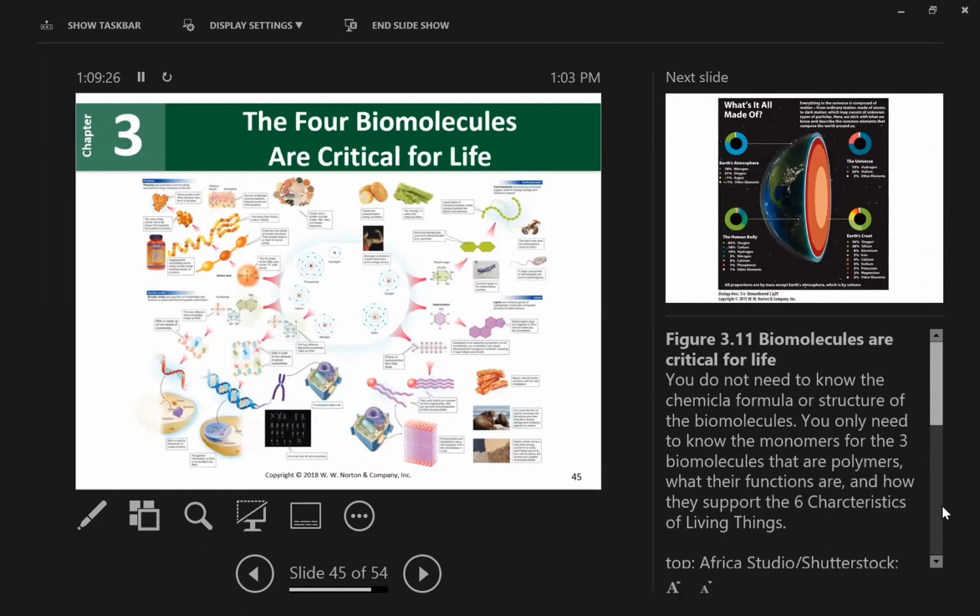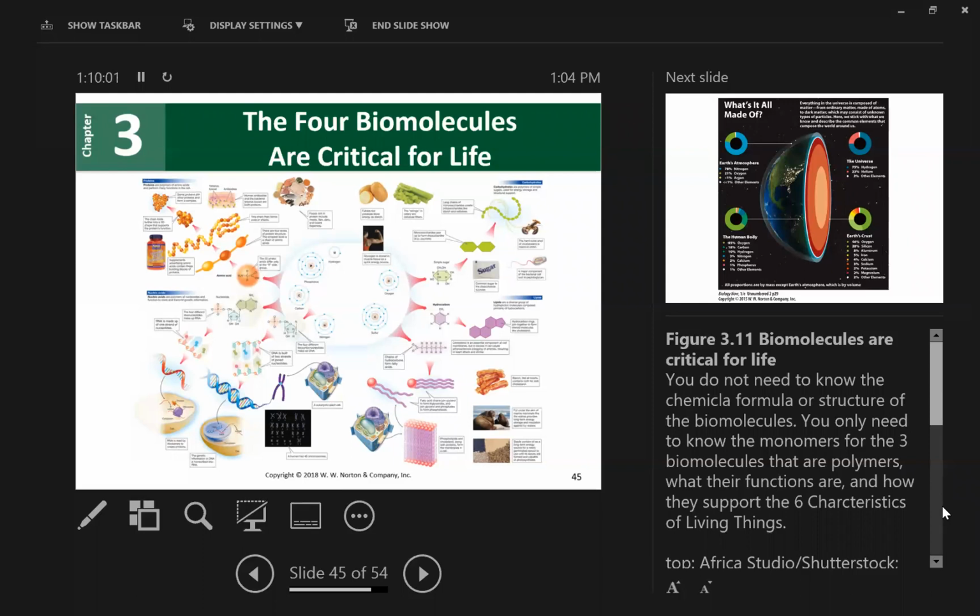Okay, so the 4 biomolecules that are critical for life. We have proteins, carbohydrates, nucleic acids, and lipids. You do not need to know the chemical formula or structure of biomolecules. You need to know that monomers for 3 of the biomolecules that are polymers and what their functions are, and how they support the 6 characteristics of living things.